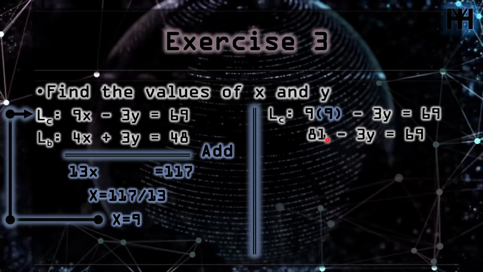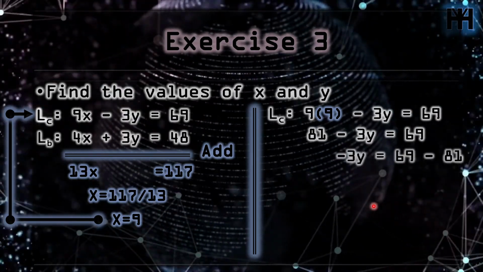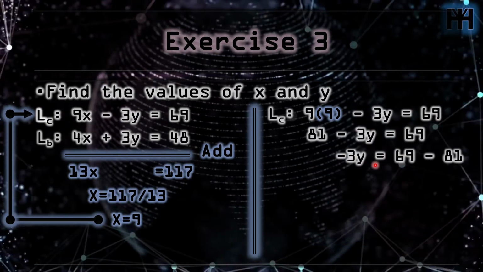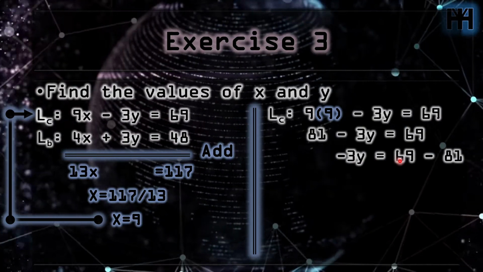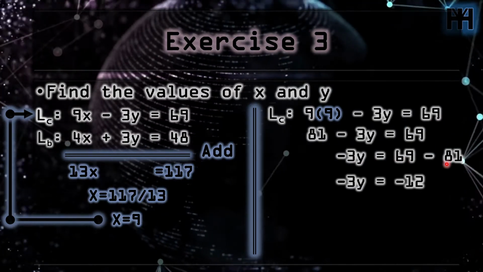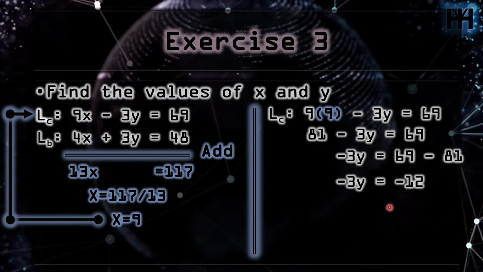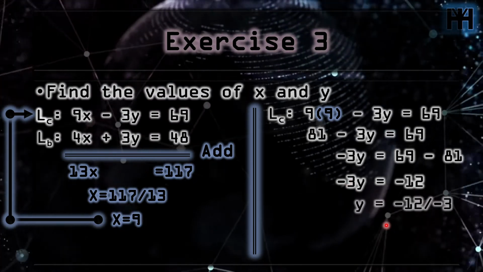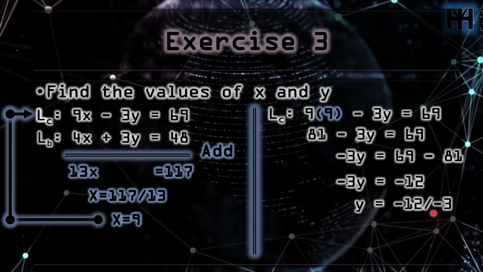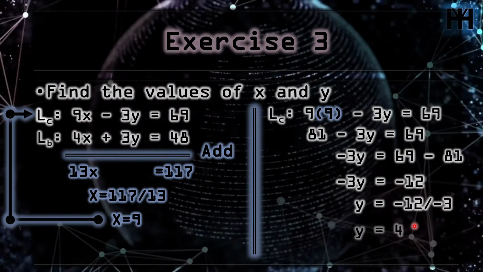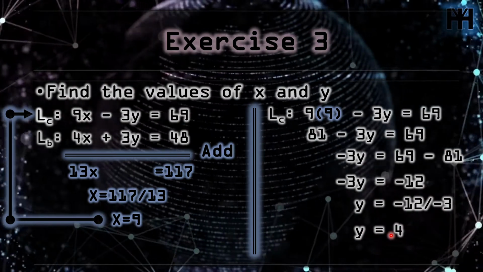So we can send the 81 to the other side, so we have negative 3y equals 69 minus 81. So we have negative 3y equals negative 12. We can send the negative 3 to the other side by dividing. So we have y equals negative 12 divided by negative 3. So we have y equals 4.